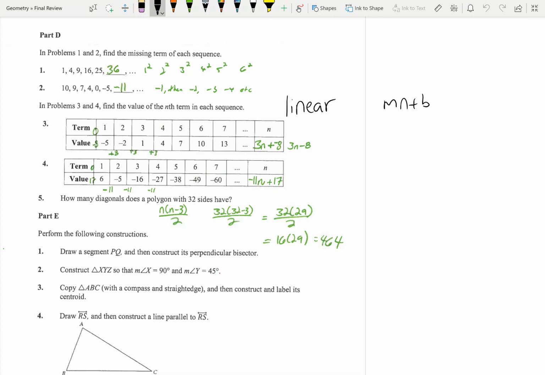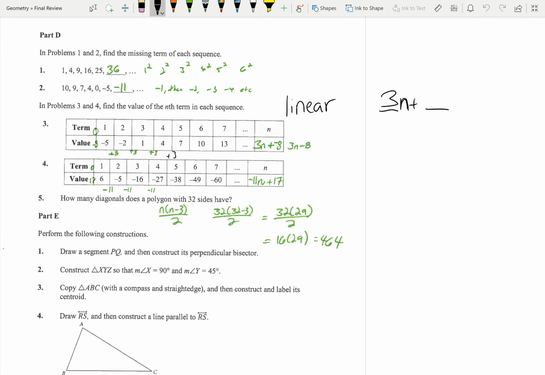So there's an n there. Okay. And what we need to do is find m and b. So we need to find the rate of change and the starting value. So the rate of change is how much it changes every time, which is 3, right? It goes up by 3. So that's going to be 3n plus the starting value.